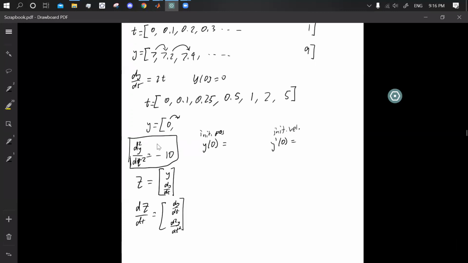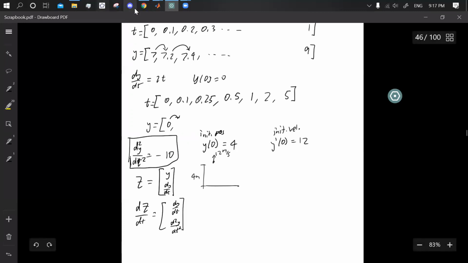Probably positive. 4. That's a very nice number. What about velocity? 12. Pretty fast. So here it's going up and then going down. Visually you're imagining a ball getting thrown up at a velocity of 12 and the height of it is 4 meters.